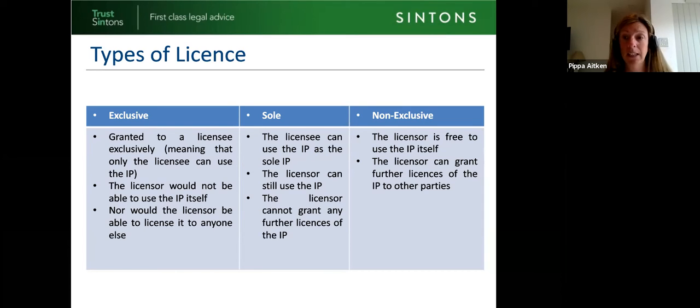So exclusive licenses are very valuable to a licensee. It could be a sole license, in which case the licensee can use the IP, but you also retain some rights so you can use it yourself, but not be able to grant licenses to anyone else. And then there's a non-exclusive license where you as a licensor are free to use the IP and your licensee can use it, and you can license it to other people as well.